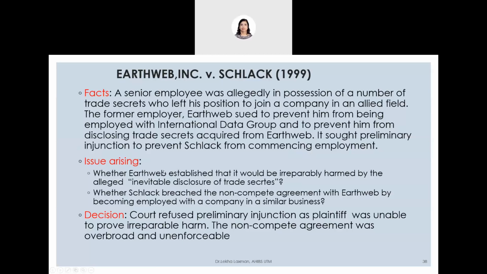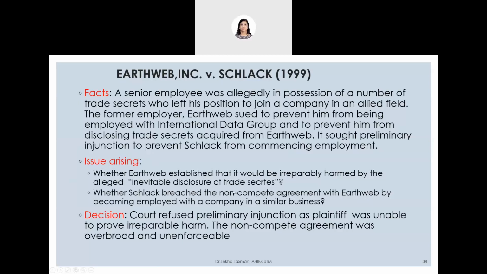So what were the issues in this case? First, whether Earthweb had established that it would be harmed by the disclosure of its trade secrets. Second, whether the employee had breached the non-compete agreement with Earthweb. What's a non-compete agreement?